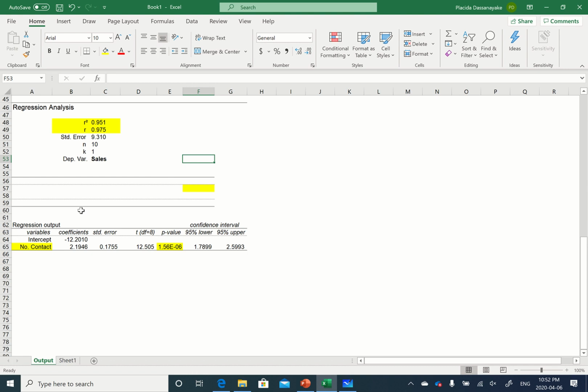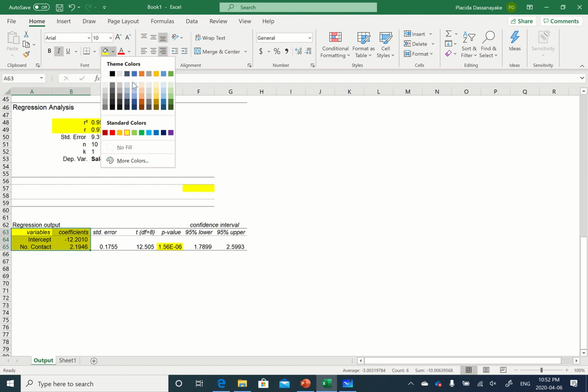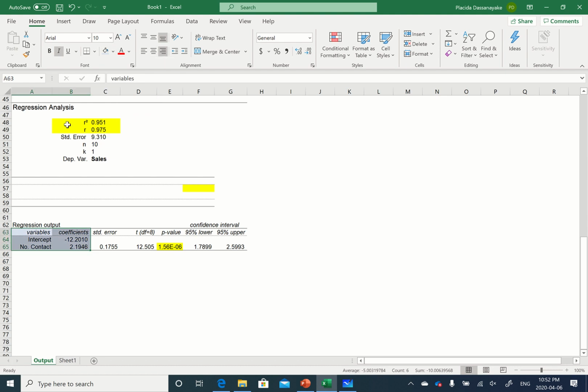We need that. And down here, the highlighted ones. So I'm going to highlight it using a different color because you already have yellow in here. So the blue highlighted ones are the only thing we need, right?